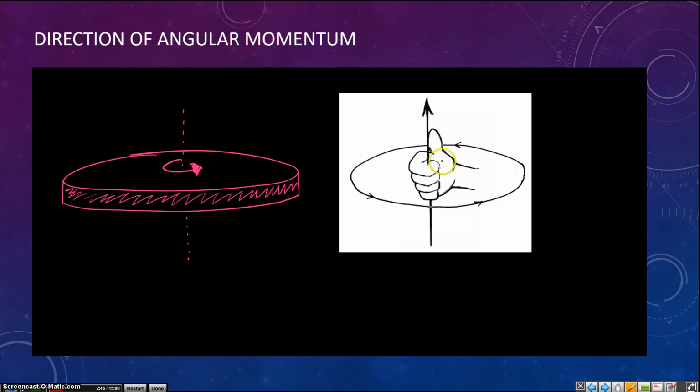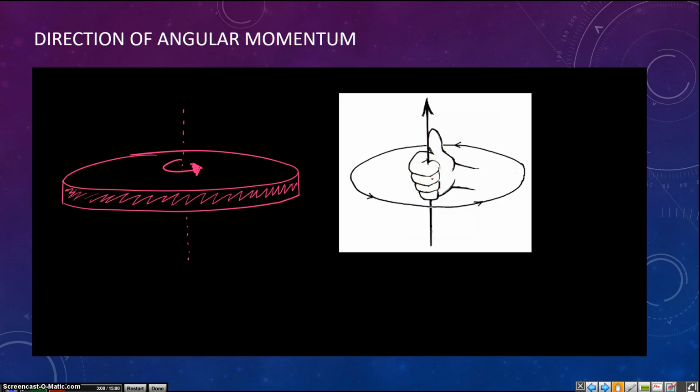Say this is your right hand. Your fingers will curl in the direction of rotation. Since it's rotating counterclockwise as we're looking from the top, you imagine a pole or something going through the axis of rotation, and your fingers wrap around in the direction that it's rotating.